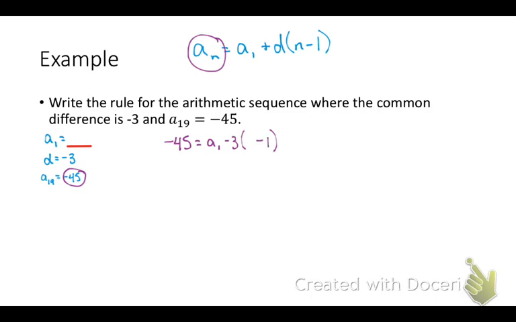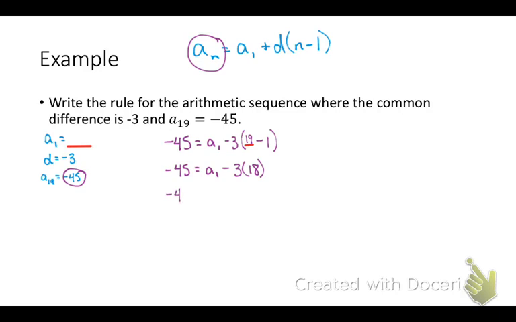What number is going to go right here for my n minus 1? 19. So I have negative 45 equal to a sub 1 minus 3 times 18.